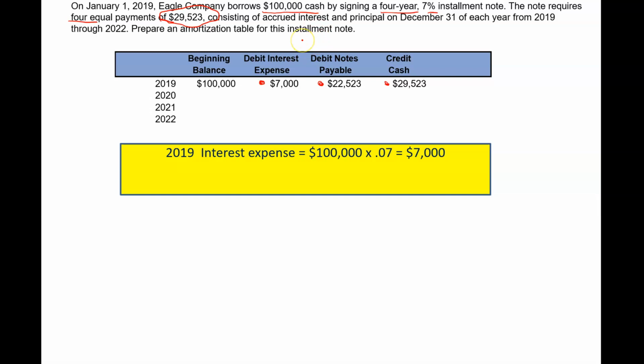When you debit note payable, that is your principal. Take the amount of cash, subtract your interest, gives you the amount that you're paying on the principal, which actually pays down your loan.